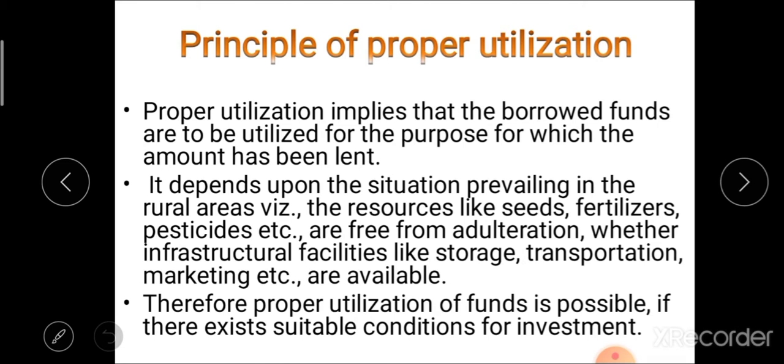That means avoid the use of loan for any other reason. It depends on the situation prevailing in the rural areas, like the resources, seeds, fertilizer, pesticide, etc. The proper utilization of fund is possible if suitable conditions of investment exist. So this principle shows that whatever the purpose for which the loan is borrowed, the loan must be used for that purpose only. This is the another principle, that is principle of proper utilization.